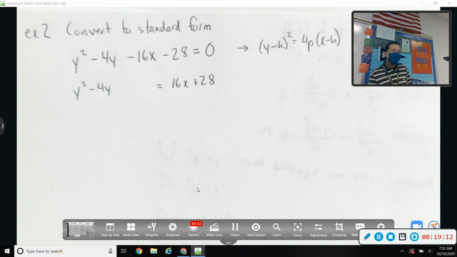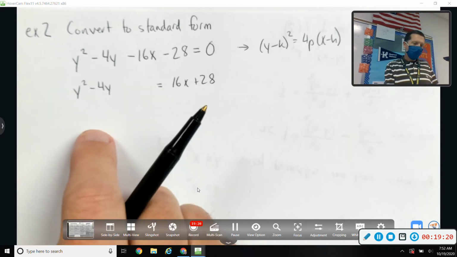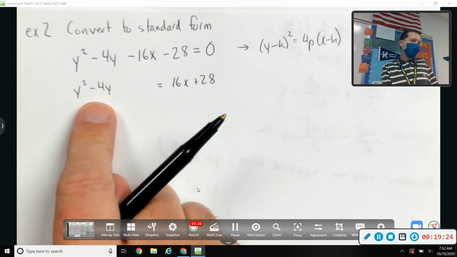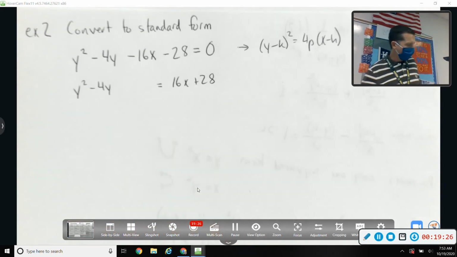This is a little bit different than circles, ellipses, hyperbolas, where we kept all the x's and y's on one side, but that's because we had to complete the square for both. Here I'm only completing the square for y, so I'm going to leave the y stuff there, and everything else can go away.